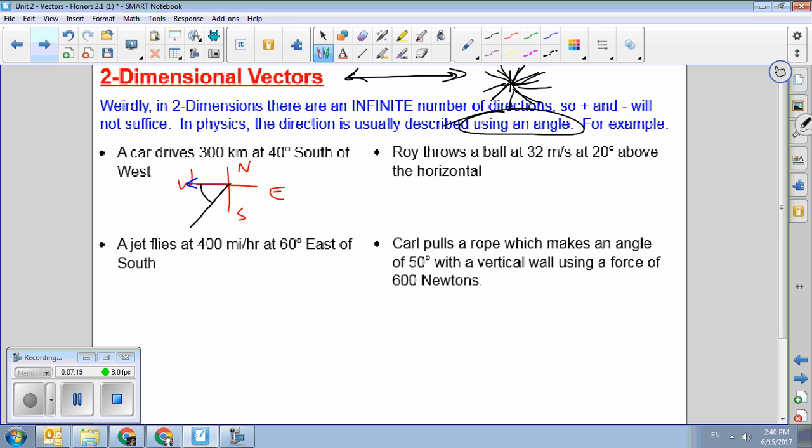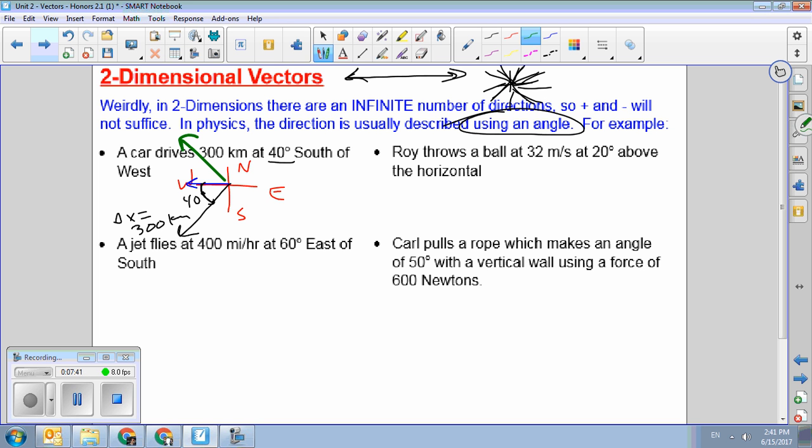So there's the 40 degrees, and then the displacement is 300 kilometers. But notice here, the 40 degrees is measuring how far off of west I am, in this case, south of west. North of west, if it had been north of west, that would have been up here.